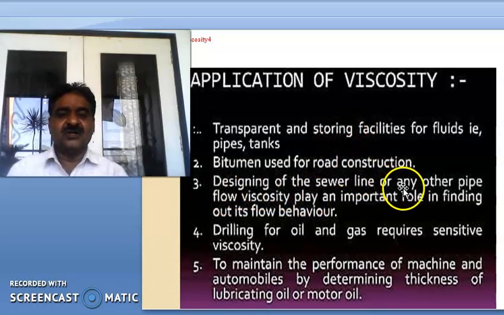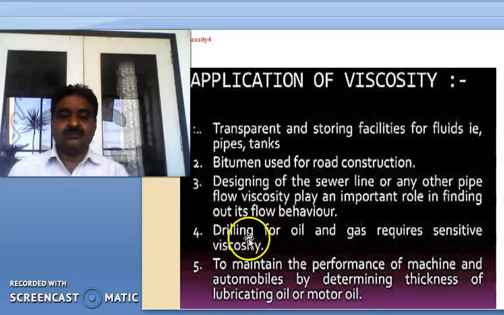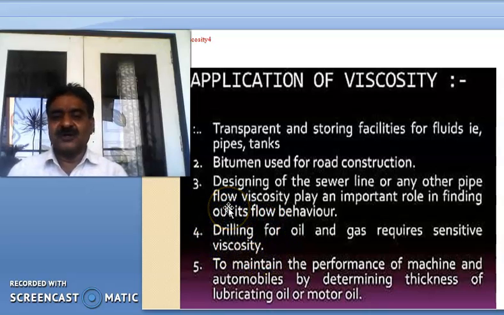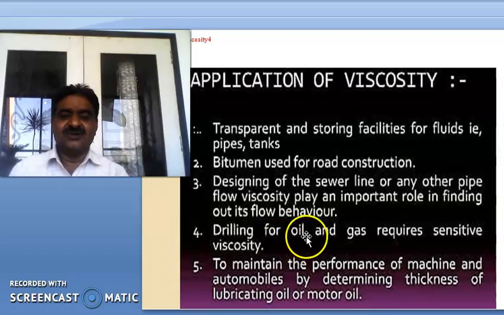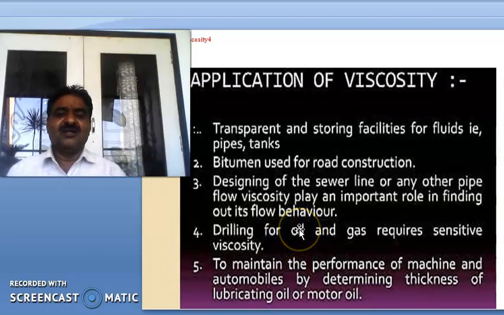In designing pipelines or any other pipe flow, viscosity plays an important role in finding out its flow behavior. Drilling for oil and gas requires sensitive viscosity control, and viscosity plays a very important role in drilling for oil as well as gas.